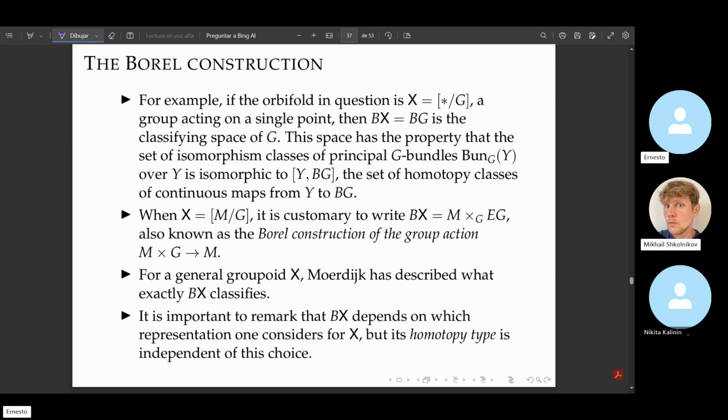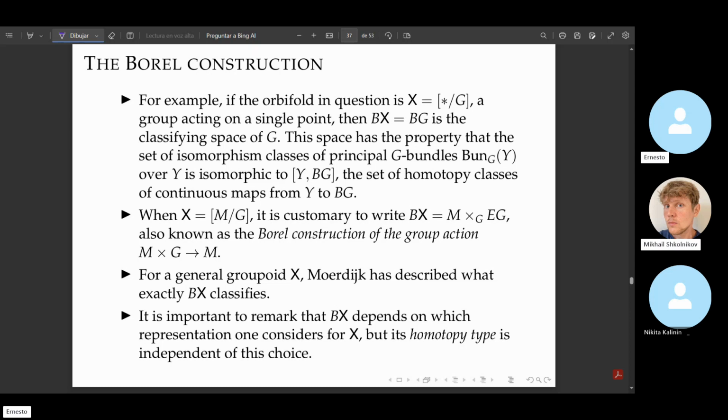Very beautiful paper, classic. But here there is a particular case of this remark. That is, if I change the orbifold atlas, I change the groupoid. To have different groupoids for the same orbifold is to have different atlases for the same orbifold.